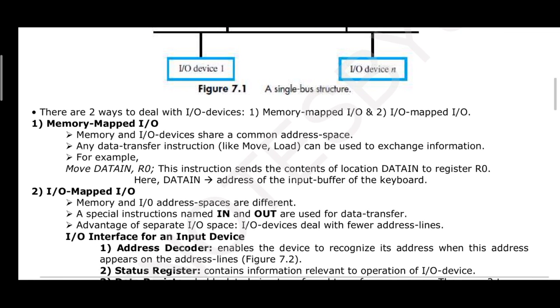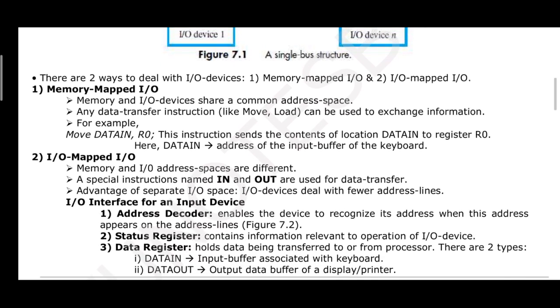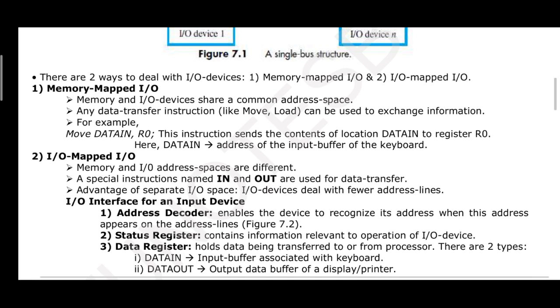So in case of memory mapped IO, memory and IO devices share a common address space. Any data transfer instruction like move or load can be used to exchange information between the memory and the input output device. In case of IO mapped IO, the memory and IO address spaces are different.